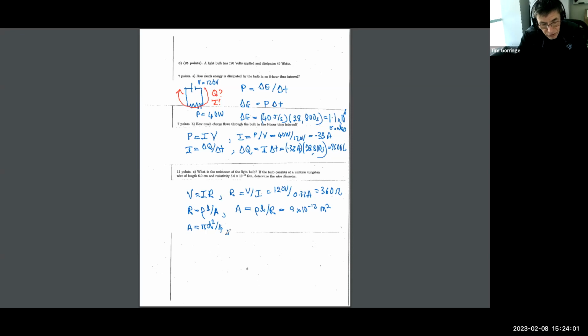The diameter is twice the radius. So the radius is diameter over 2. The radius squared will be diameter squared over 2 squared, which is diameter squared over 4. Anyway, if you take this equation, we can rearrange this for the diameter. In terms of the known area, it will be the square root of 4A divided by pi.